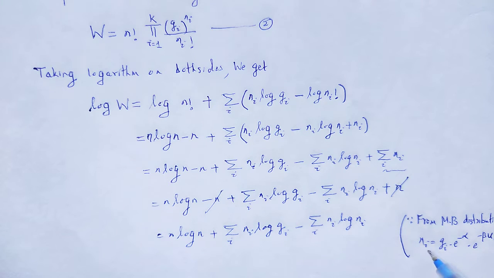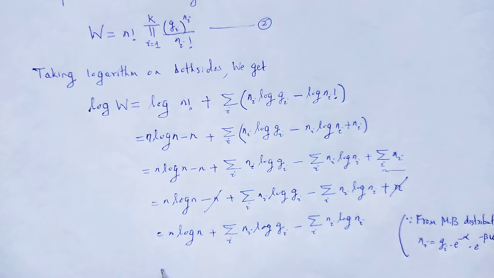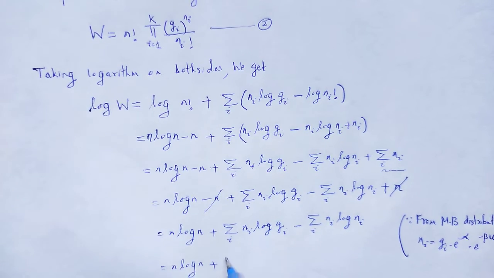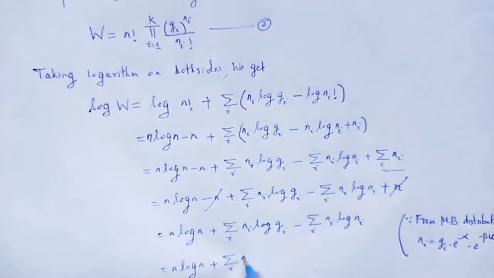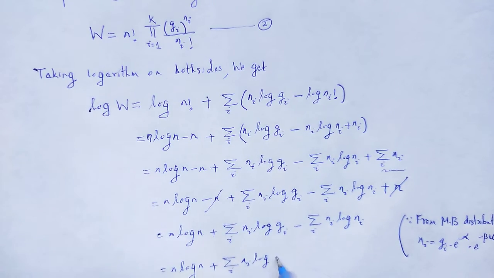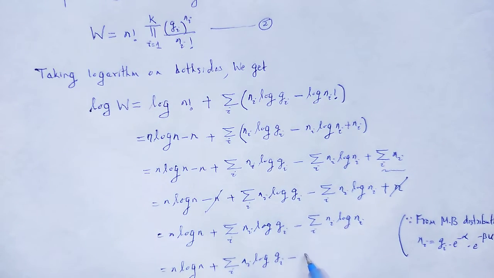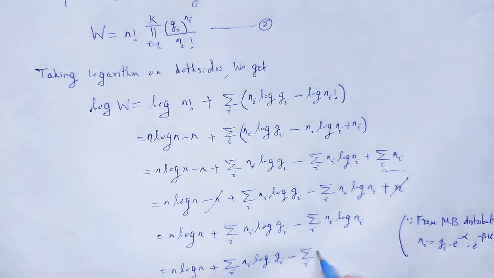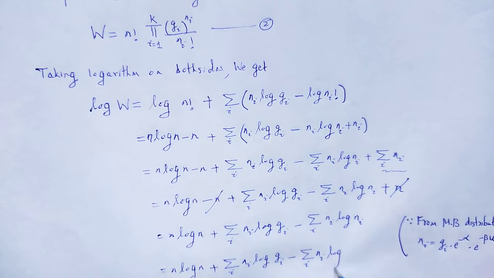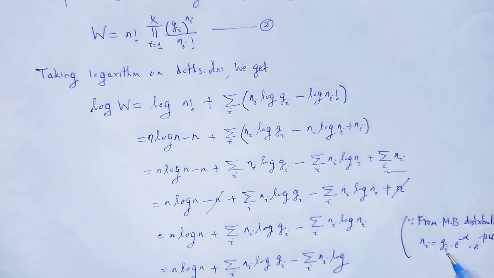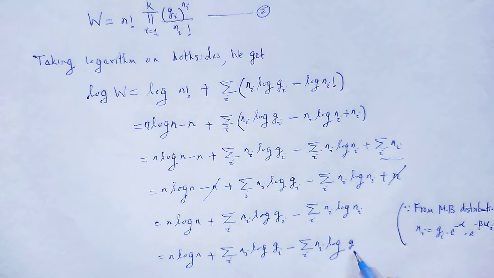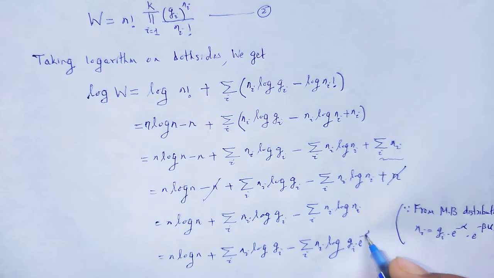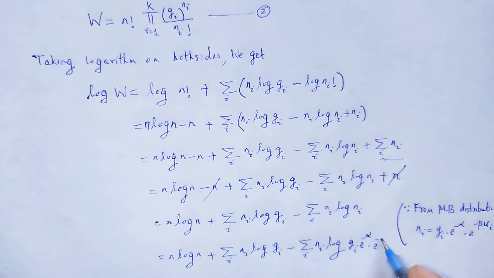Now the expression of ni is put here. So n log n plus summation over i ni log gi minus summation over i ni log ni. Here in place of ni we substitute gi e to the power minus alpha e to the power minus beta ui.